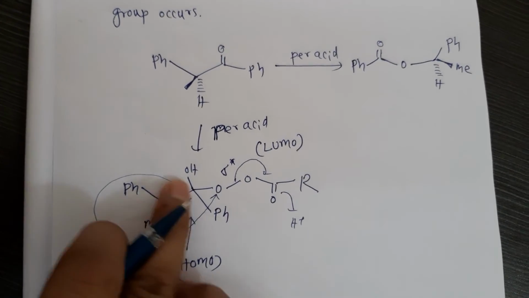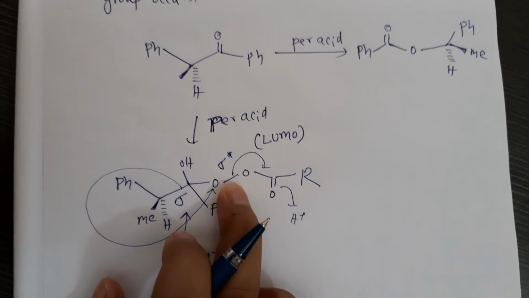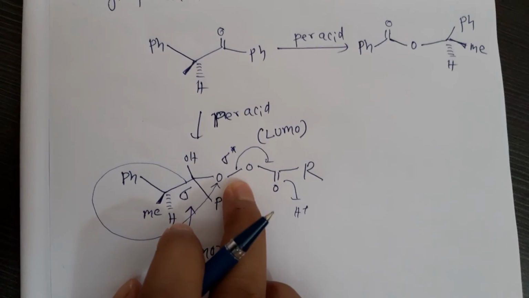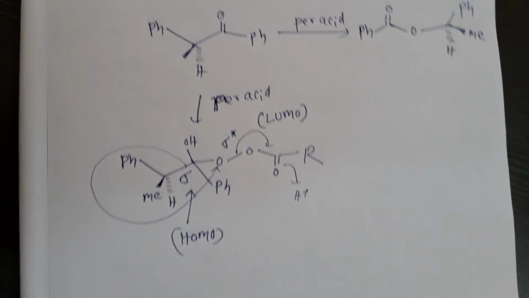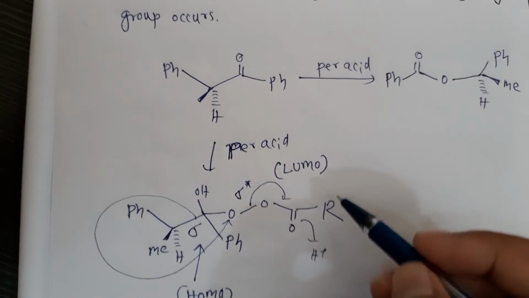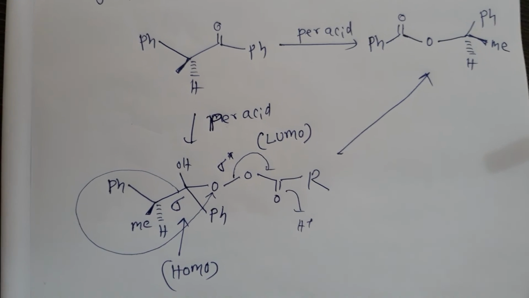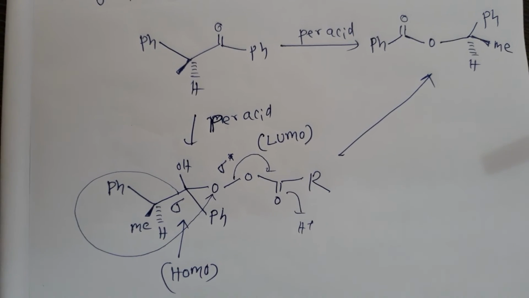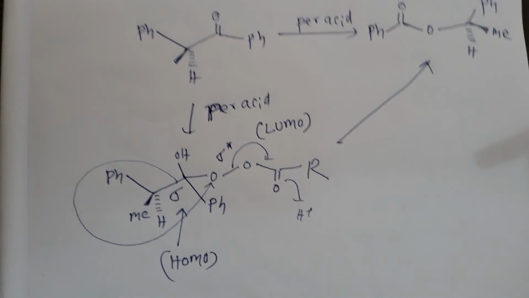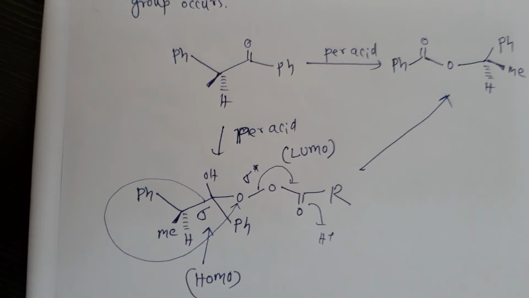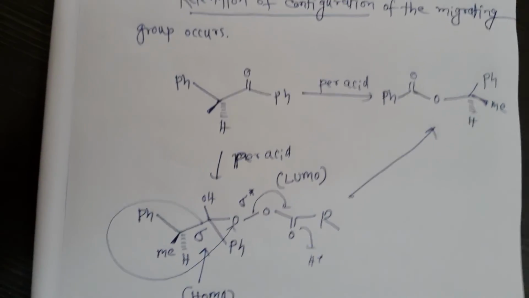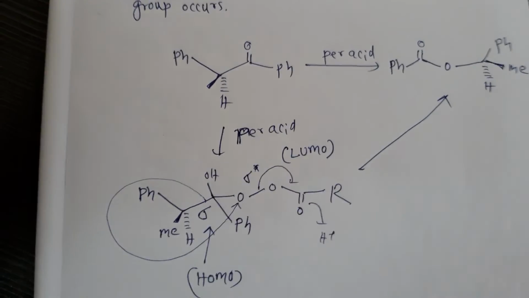This is the main thing, and after that it will give the product. So here retention of configuration occurs. This is the Baeyer-Villiger oxidation.